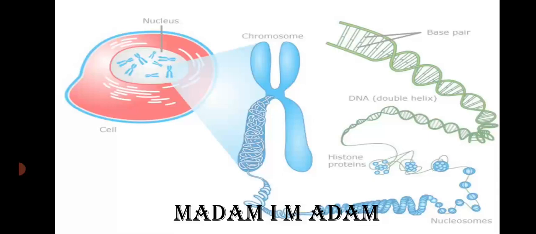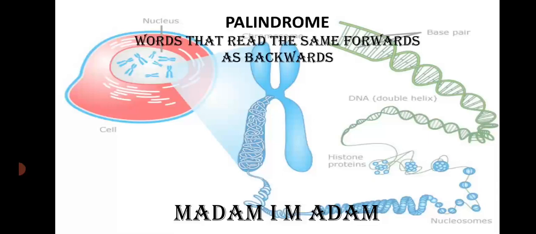Now read this phrase: Madam, I am Adam. If you read it from left to right and right to left, it will read the same. It is called a palindrome: a word that reads the same forward or backward.